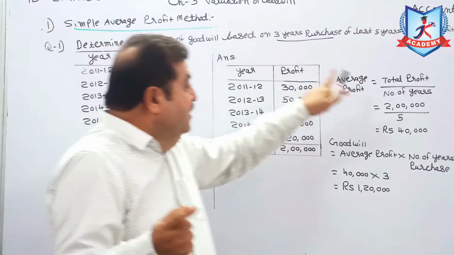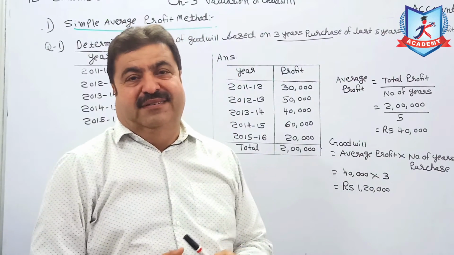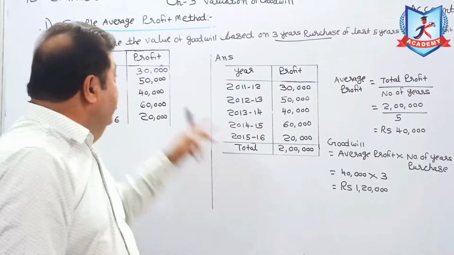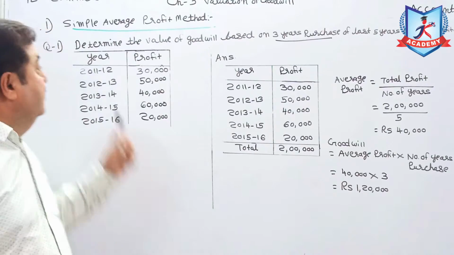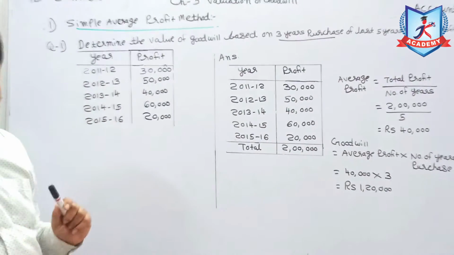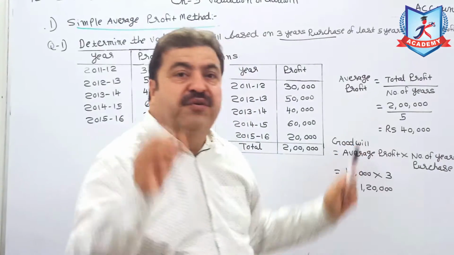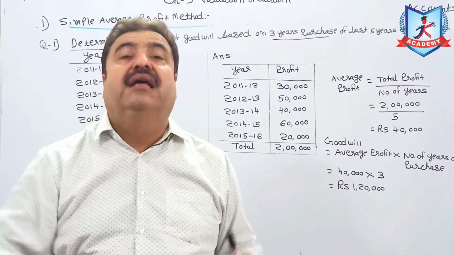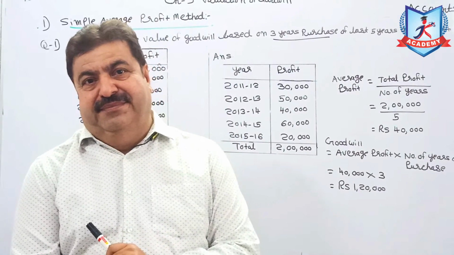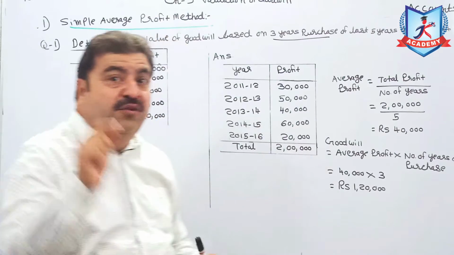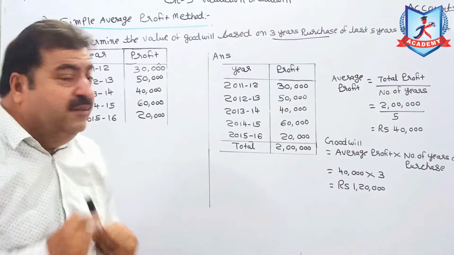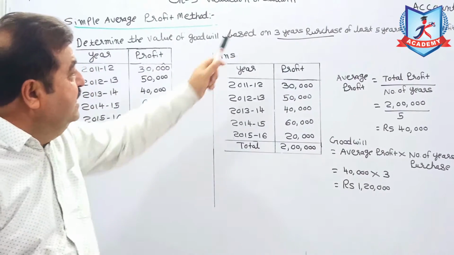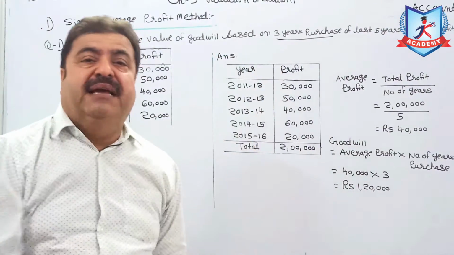Average profit is equal to total profit divided by 5, since there are 5 years. So 2 lakhs upon 5 is equal to 40,000. This 40,000 is your average profit. Now goodwill. Friends, in the question, 2 types of years will be given. One is the year of purchase, which means number of times.